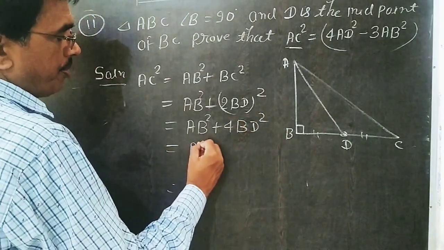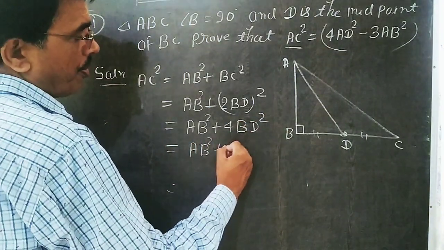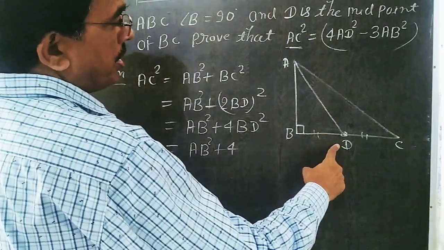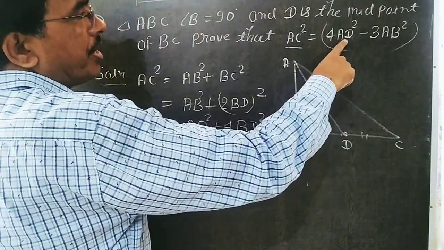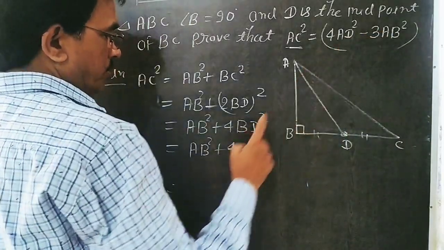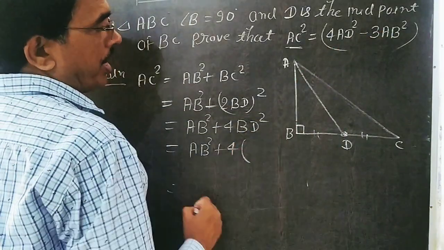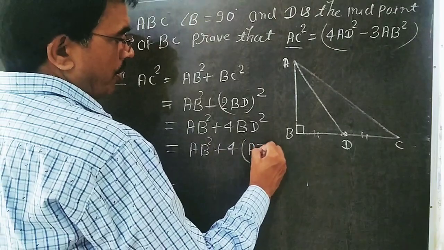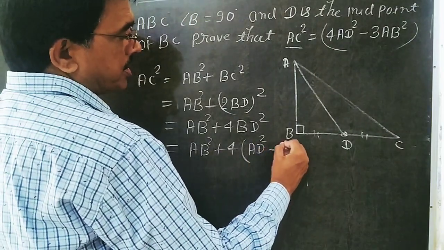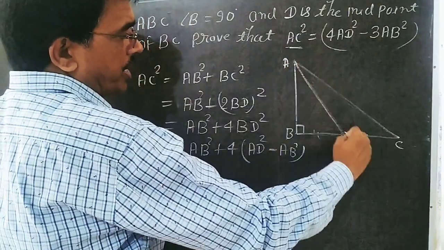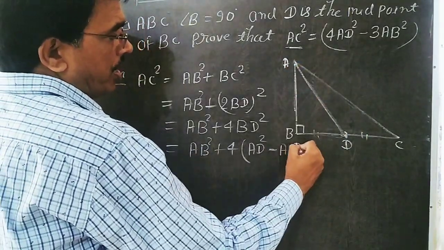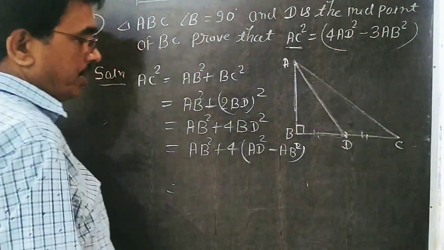Next, it is equal to AB square plus 4, and what is BD? BD square is equal to AD square minus AB square, because we require AD and AB. So in place of BD square, you can write AD square minus AB square, because BD is the base, so hypotenuse square minus perpendicular square, because you need this in your question.